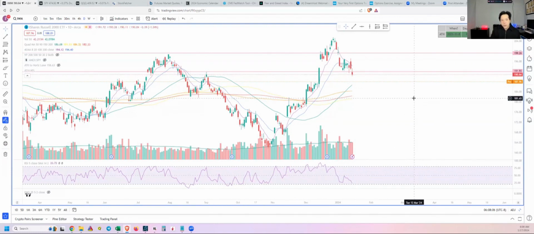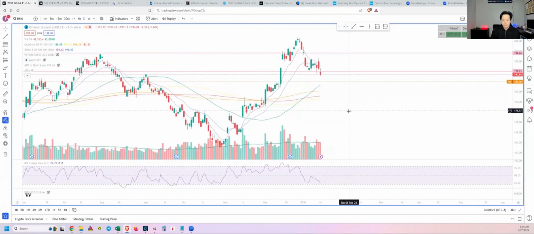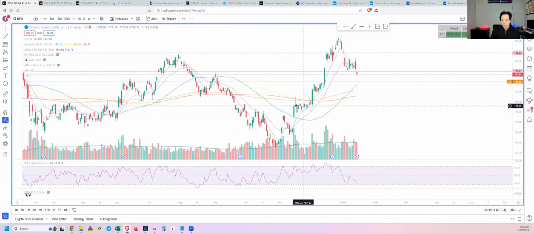So it's going to be important to watch the small caps. If the TLT continues to move down, then we're headed at least to this MA 50, and at least for the small cap stocks, that might be enough. We may come all the way down to this MA 200, and then if things are really bad, we'll come down to maybe this horizontal line right here, and then we'll see.